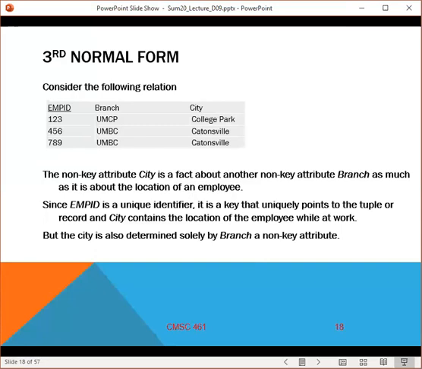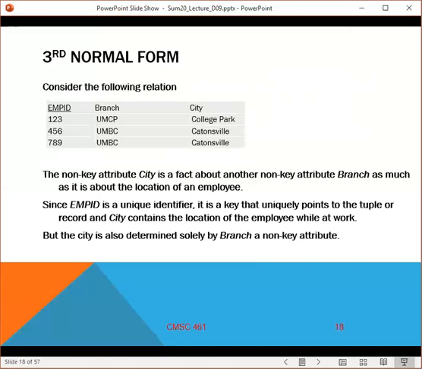A campus or a branch is only in one city. So if you know the campus or the branch, you know the city. Likewise, if you know the employee ID, which is the key field, that uniquely determines the branch and the city in a particular record.